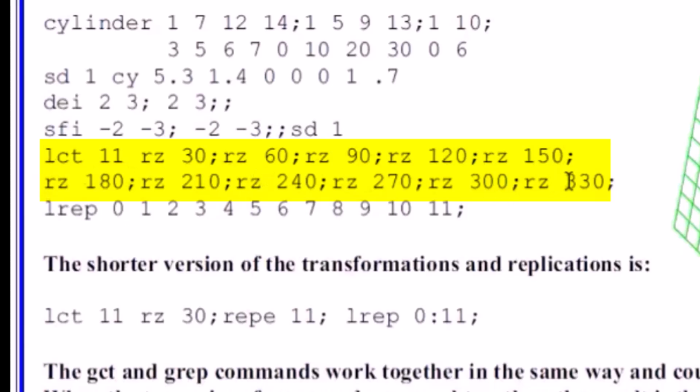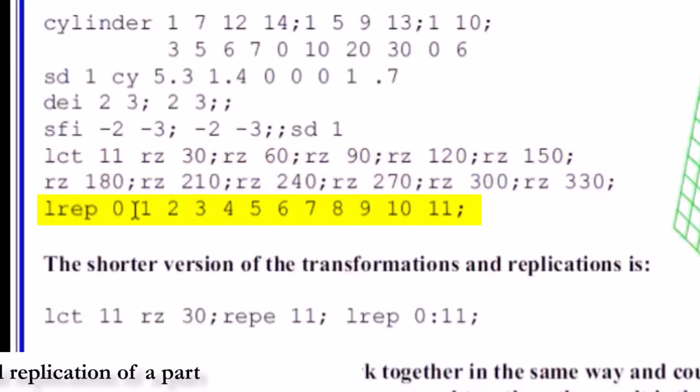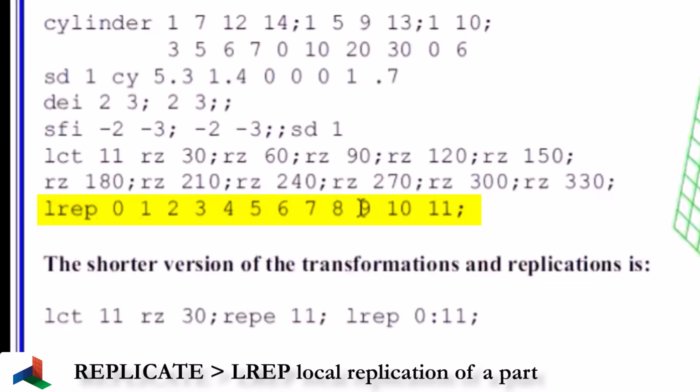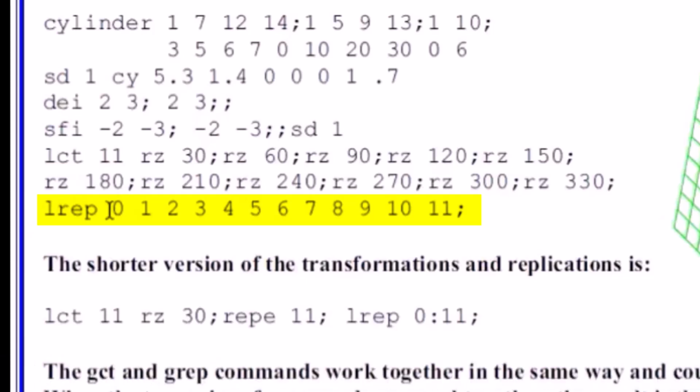To use them, to actually cause parts to be replicated and transformed, you have to use the LREP for local replication. And we list all of the transformations. Notice that 0 is here. 0 is the identity. That's the one that is the 12th one. Doesn't matter where you put it in the list, but it's the 12th one that is no movement at all. So this produces all 12 copies of our part.